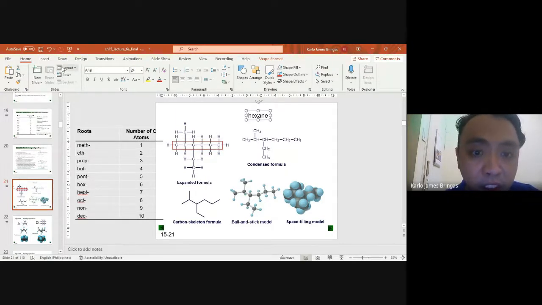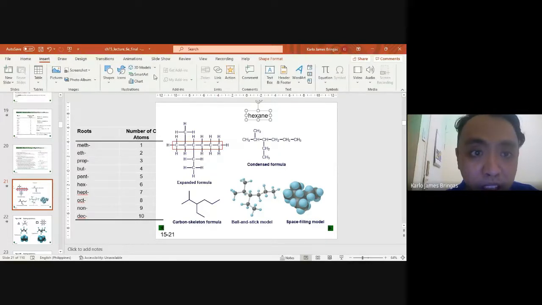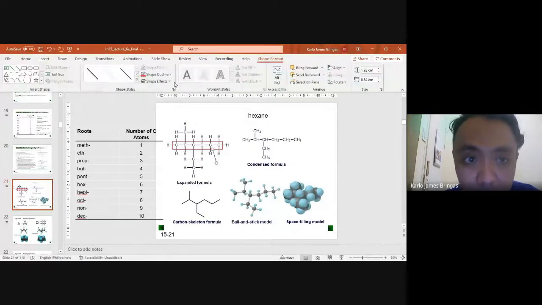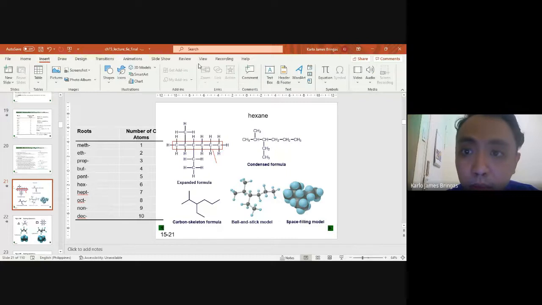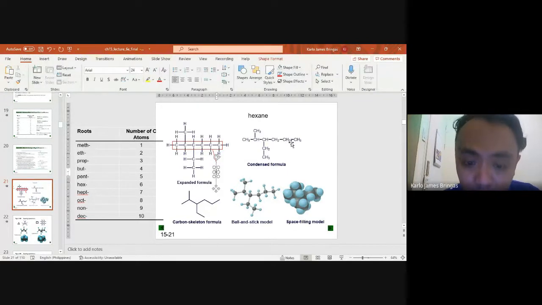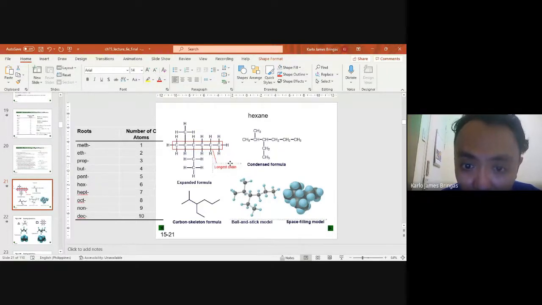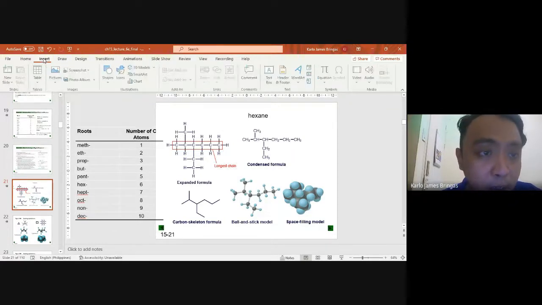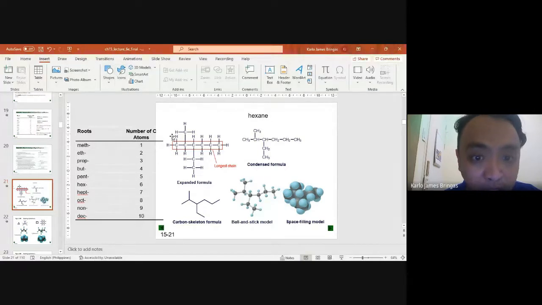The second step here, let me label this one properly so that we have a guide on what is happening. So this here is the longest chain that we have. In our longest chain, you can see that there are parts connected to it.